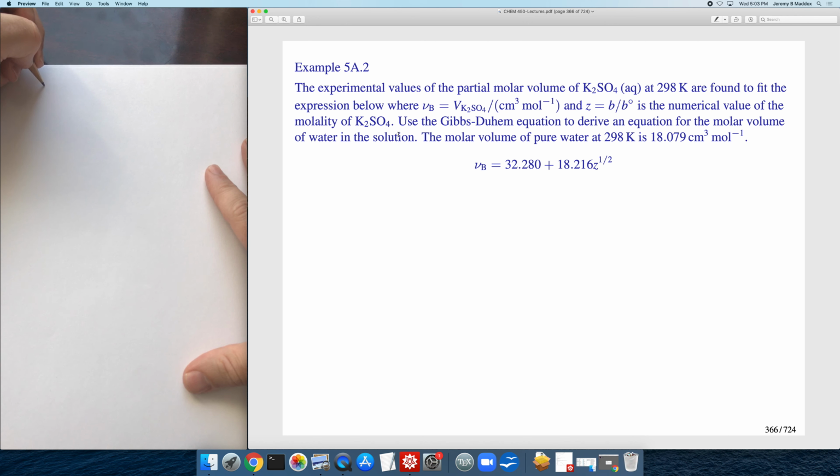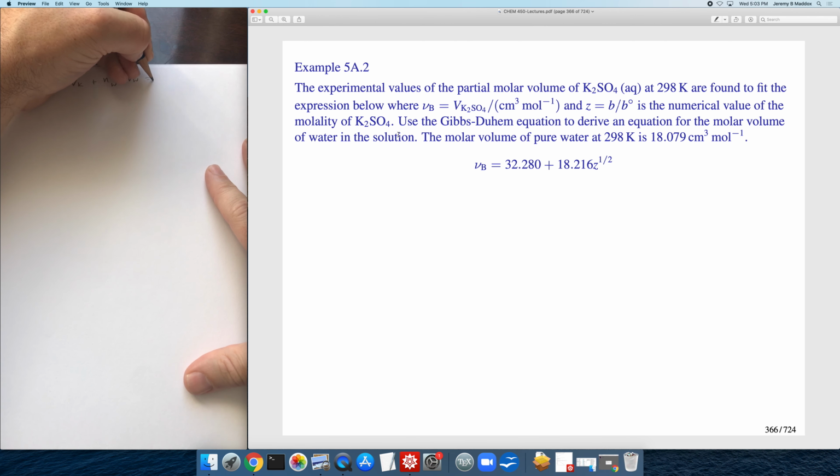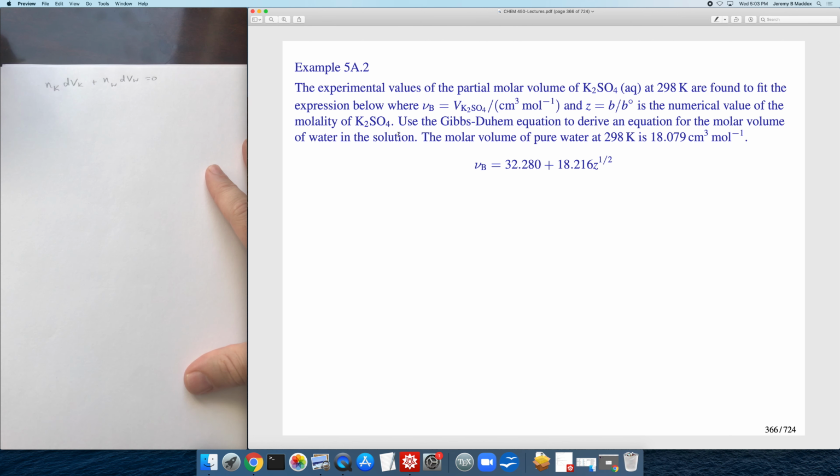So we can take the number of moles of the potassium sulfate, I'm just going to use a K to represent that, times the change in the partial molar volume of the potassium sulfate, plus the number of moles of the water times the change in the partial molar volume of the water. That equals 0 according to the Gibbs-Duhem equation.